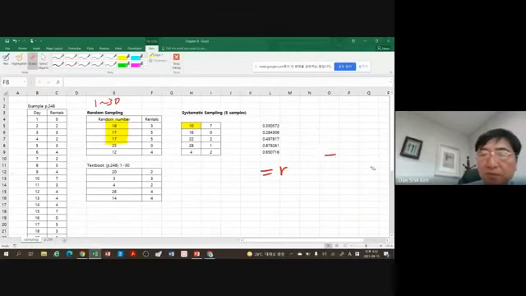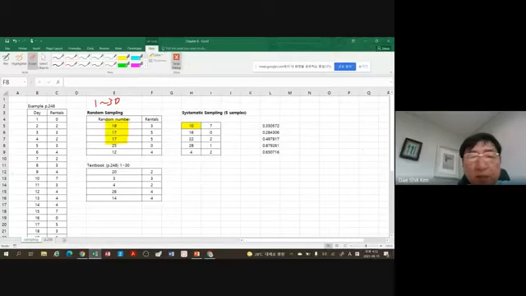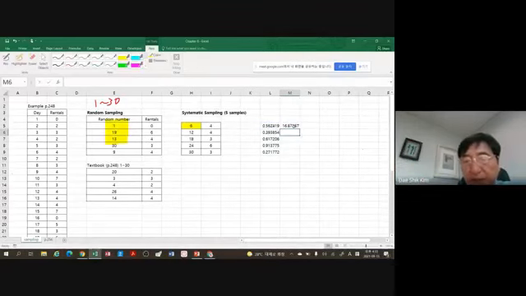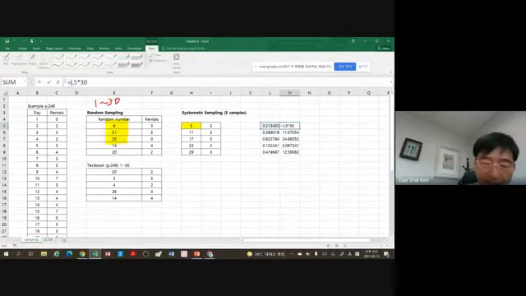For example, you use the RAND function, then all you need to do is multiply this number by 30, because June has 30 days, and then make a copy. It has all decimals, so you need to round these numbers: ROUND, open bracket, close bracket.